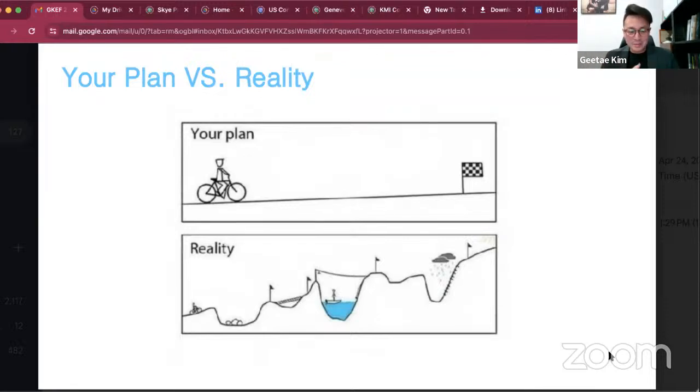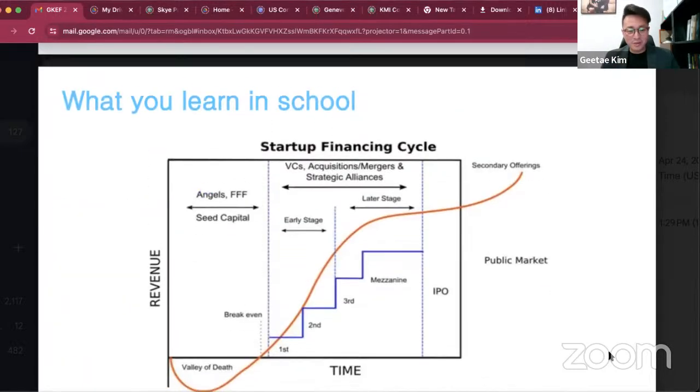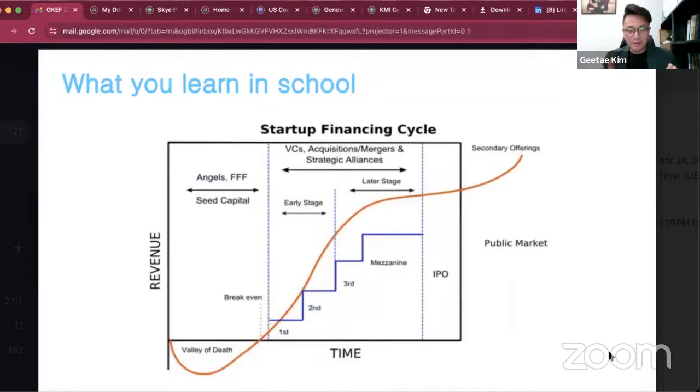But the reality is you're going to have a lot of valleys, right? If you go back to the previous slide, it looks like there's only one valley, and once you overcome that, there's a pretty straightforward pathway towards IPO. Can you go to the next slide?